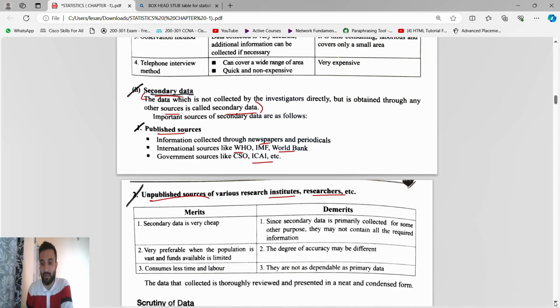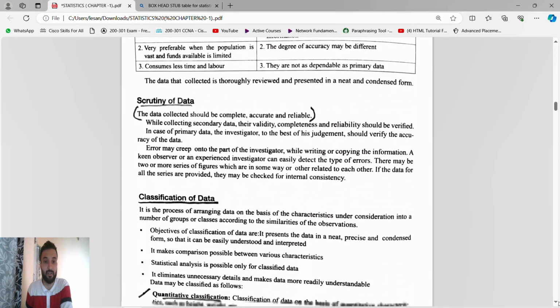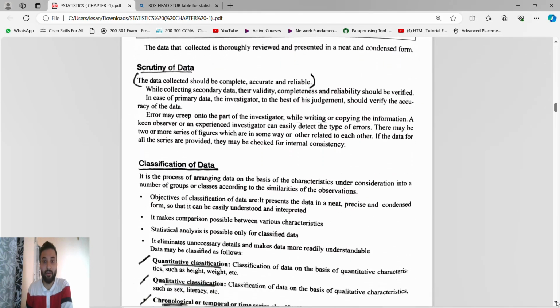Primary data means the data which is collected the very first time. Secondary data means the data which has already been collected, and you are taking help from other sources. Suppose you have a crush on a student in college. Primary data means you don't know anything about that person and you directly interact with them, getting information day by day.